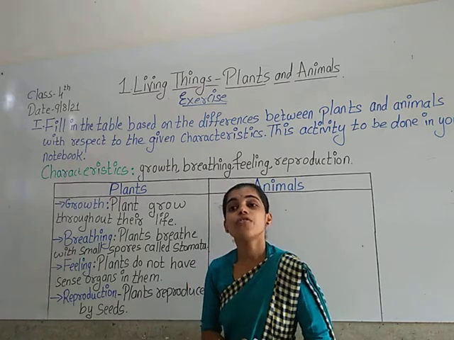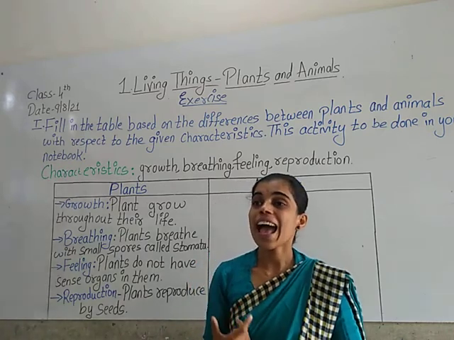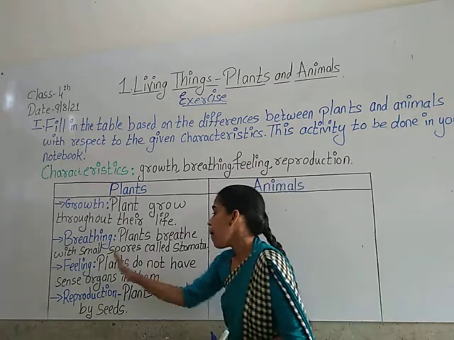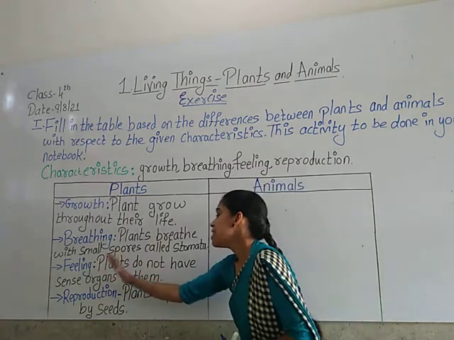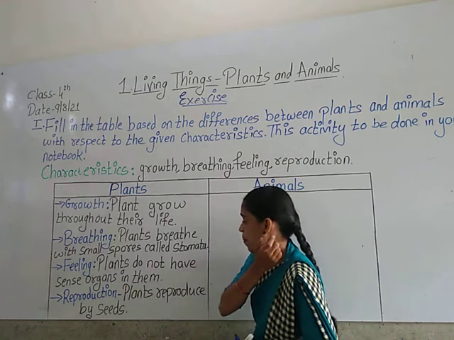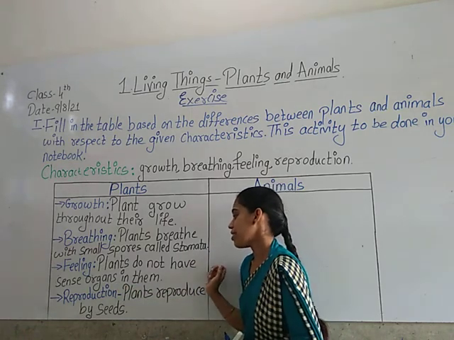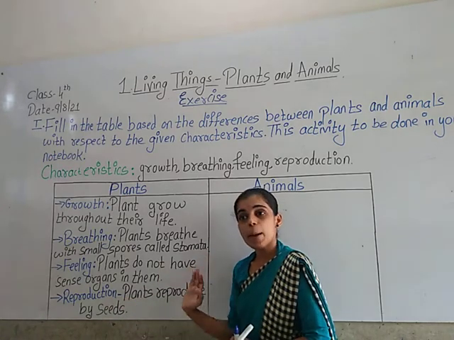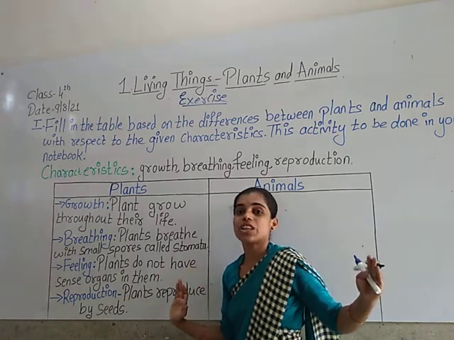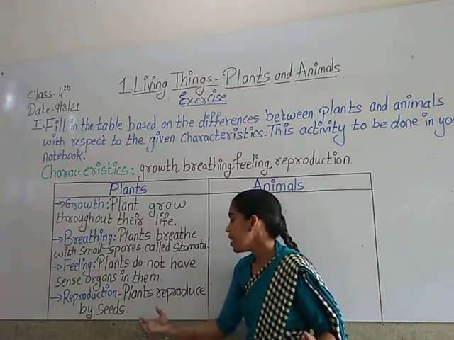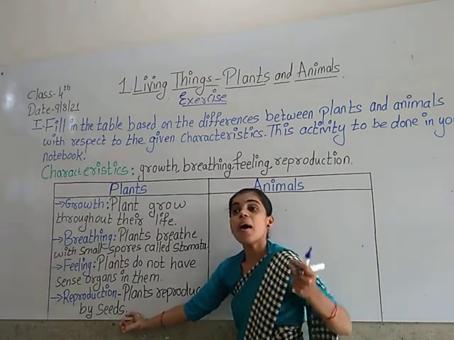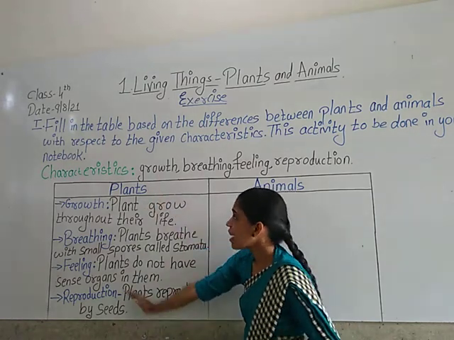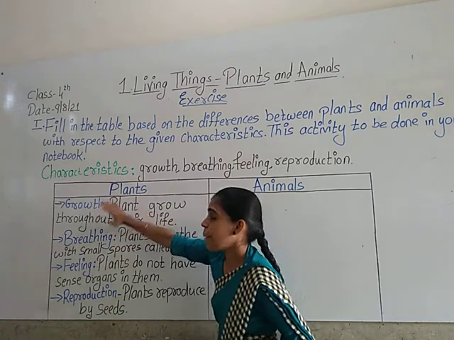Plants cannot feel and they do not have any sense organs in them. Last one characteristic is reproduction. In the plants, there is reproduction with the help of seeds. So, this is all about the different characteristics in plants.